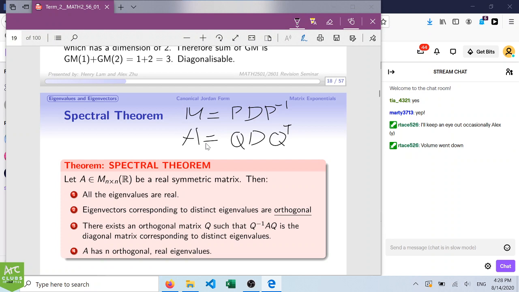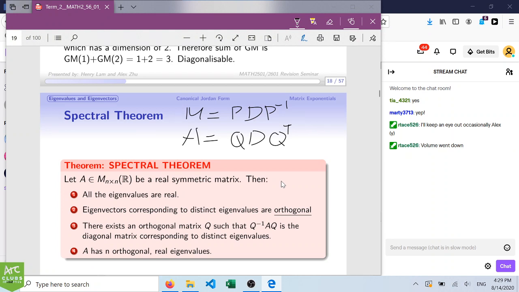D is a diagonal matrix as well, but Q this time is a set of orthogonal eigenvectors. Q is an orthogonal matrix, and an orthogonal matrix in linear algebra is something that has all columns orthogonal to each other and with a length of 1.